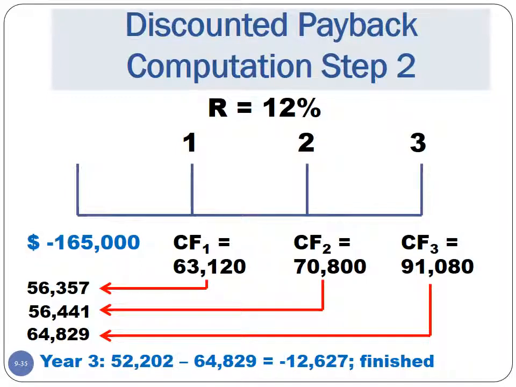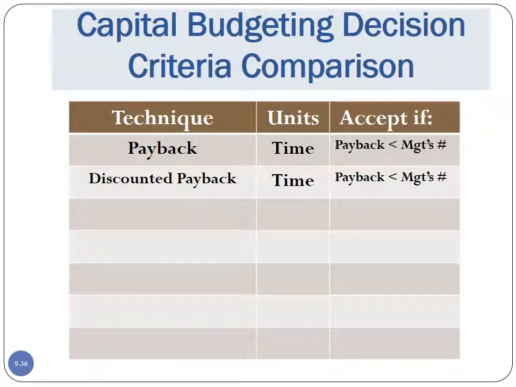We still have a positive value. In year 3, we subtract the discounted value of the cash flow. So we end up with a negative value, so we're finished. So for a discounted payback period, the units again are time, and we accept again if the payback is less than management's arbitrary cutoff.